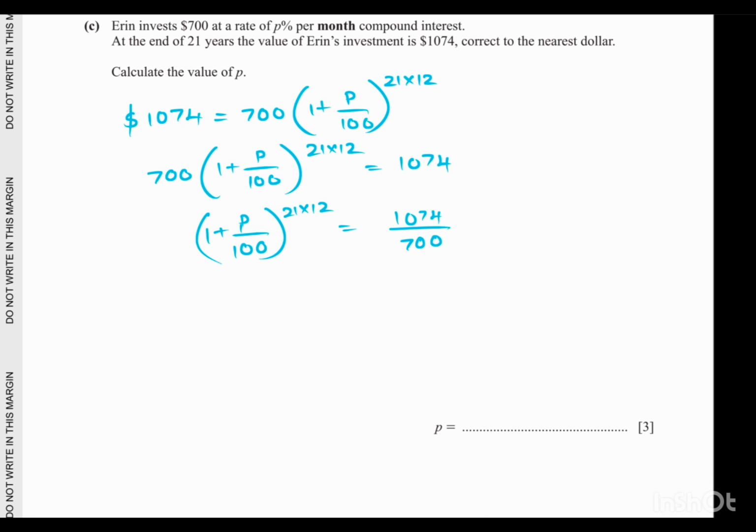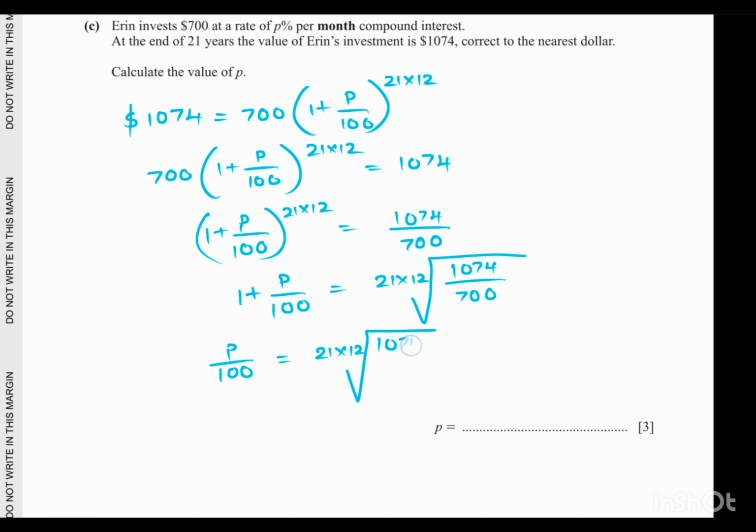Now this is having power 21 into 12. To remove this, you have to take the root. So 1 plus p by 100 will be equal to 21 into 12th root of 1074 by 700. Then bringing 1 on the other side, you will get 21 into 12th root of 1074 by 700 minus 1.